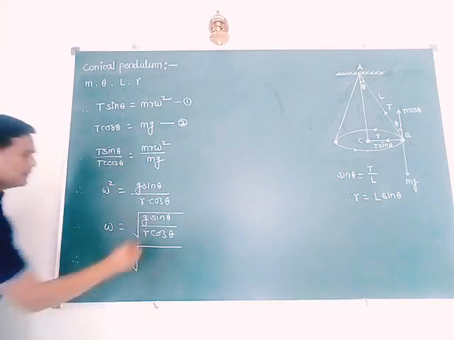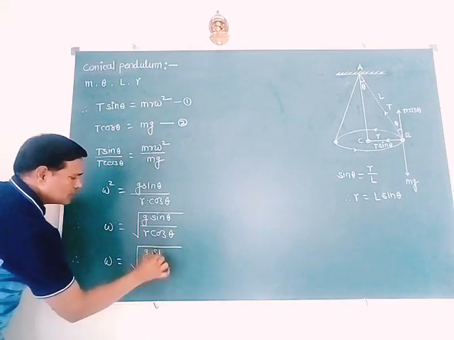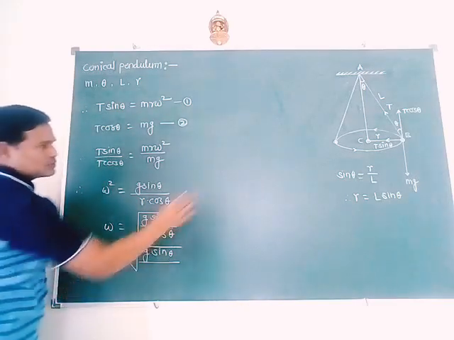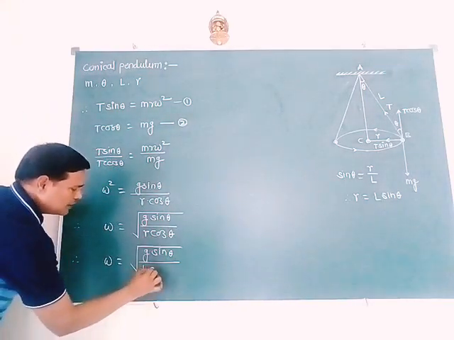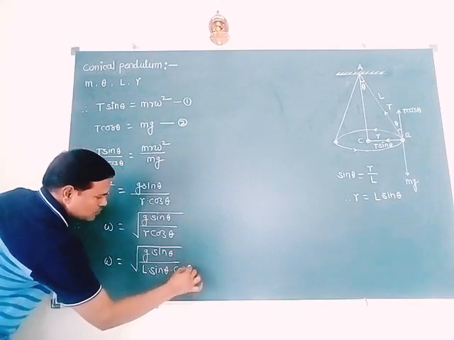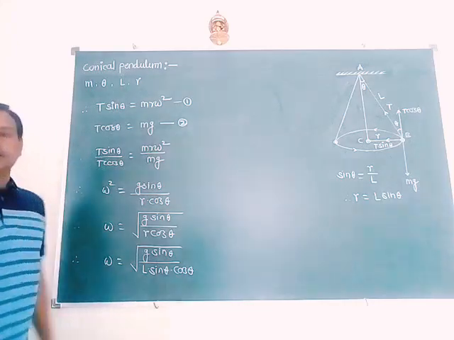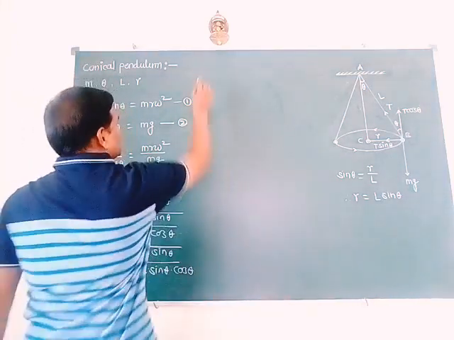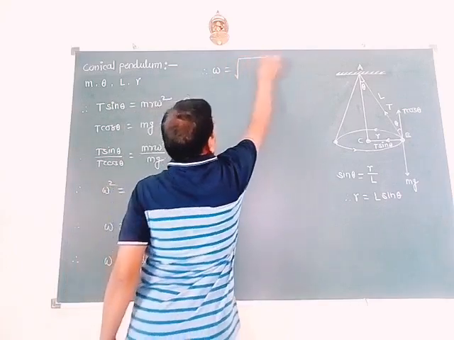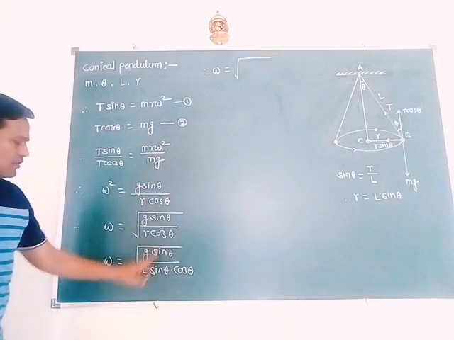So we can write omega as the square root of g into sin theta divided by, instead of small r, L into sin theta into cos theta. The sin theta gets cancelled.